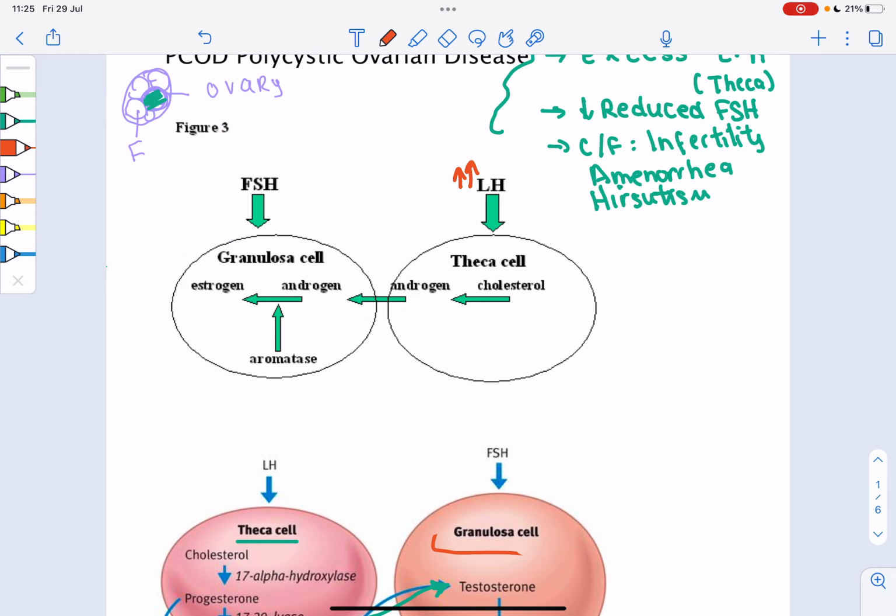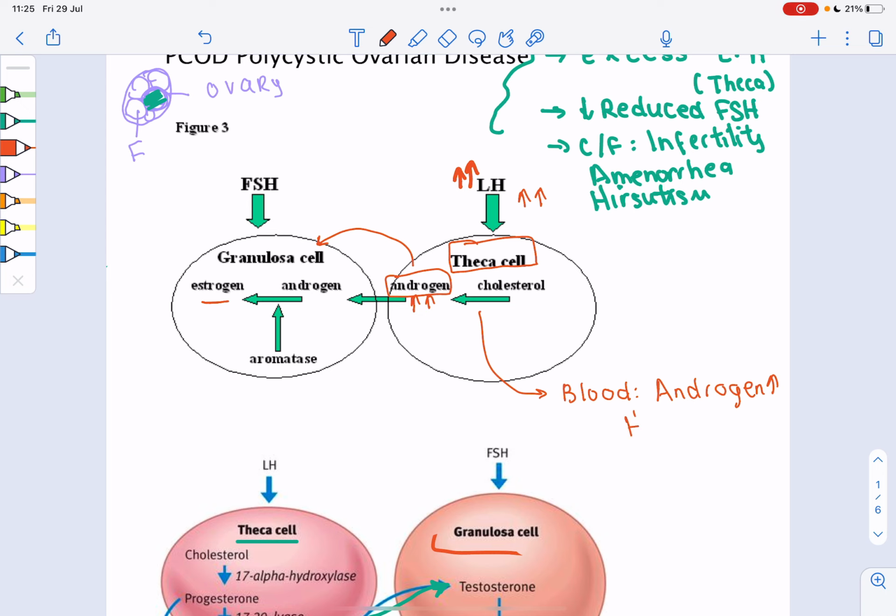Luteinizing hormone rises, and as luteinizing hormone rises, it will start to produce more and more androgens inside the theca cell. These androgens will not only go over to the granulosa cells to be converted into estrogen, but they'll also go into the bloodstream. And as more and more androgens in the blood accumulate, this will cause male pattern hair growth. This will cause hirsutism.